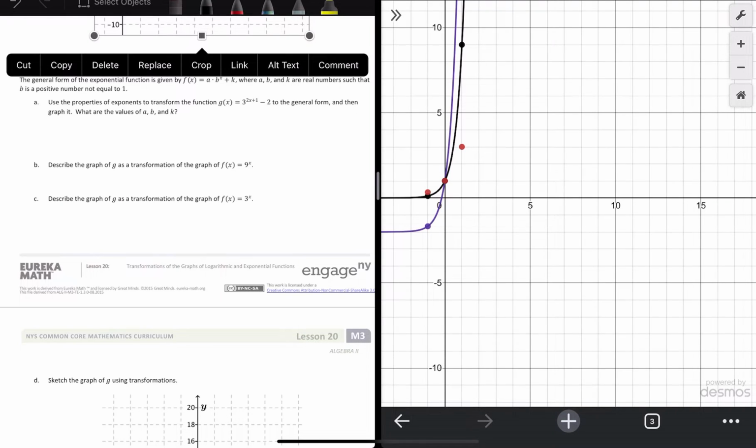Part A says use the properties of exponents to transform the function g of x equals 3 to the 2x plus 1, minus 2, to the general form, and then graph it. What are the values of a, b, and k?